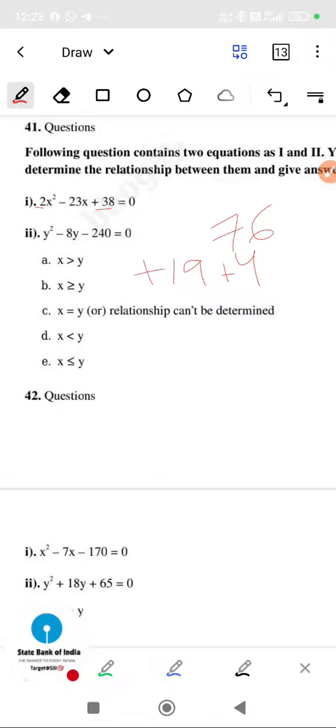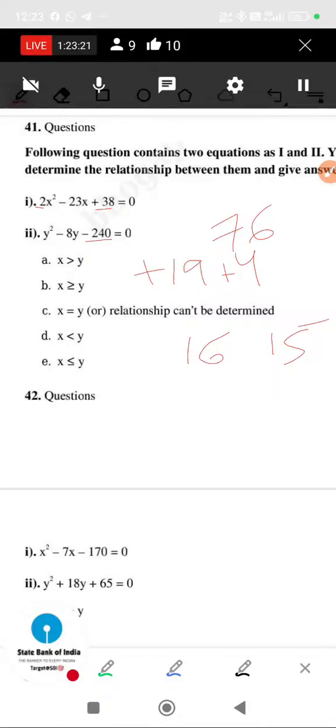Okay, next here we see 240. 240 means 16, 15 times will be 240. The difference between these two is not 8. Wait a second, I will be back in 1 minute.